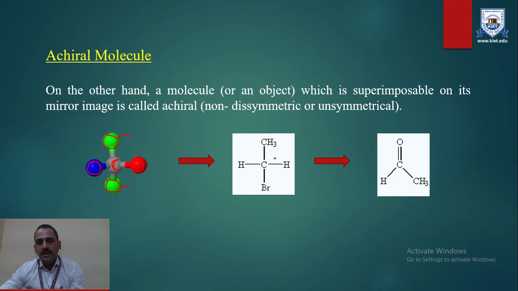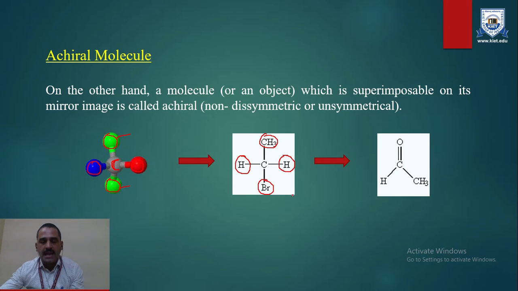In the molecular representation, the central carbon has two different groups on two valencies, but the other two valencies are substituted with the same functional group, which is hydrogen.